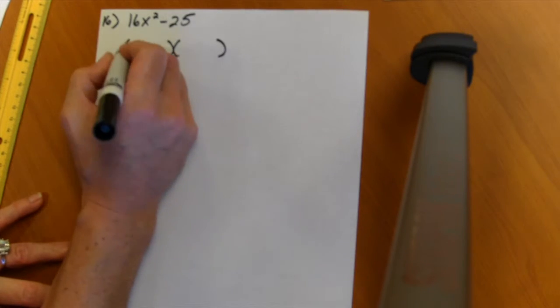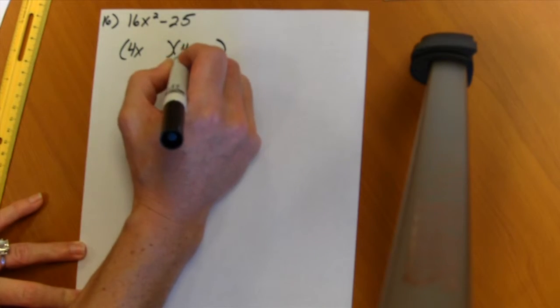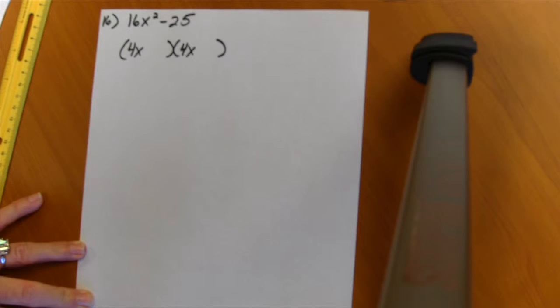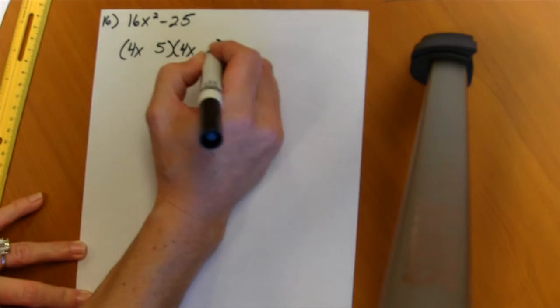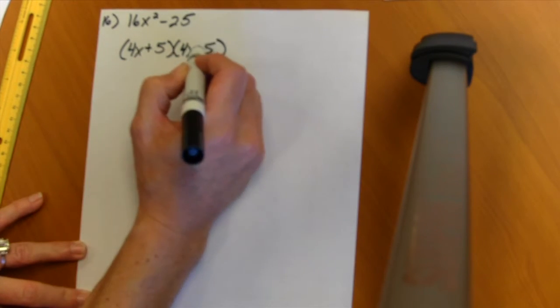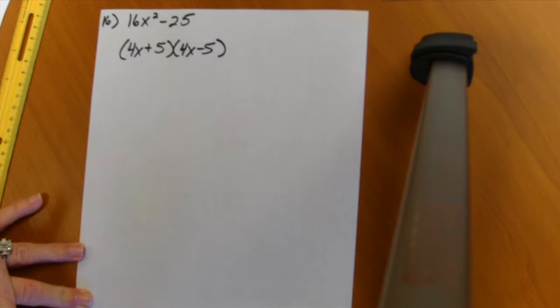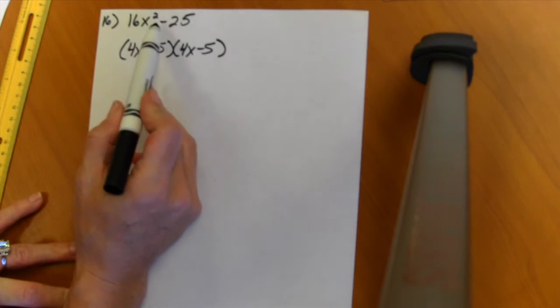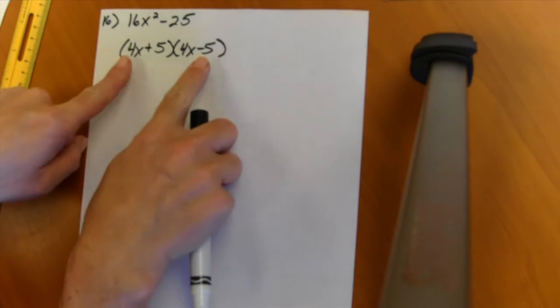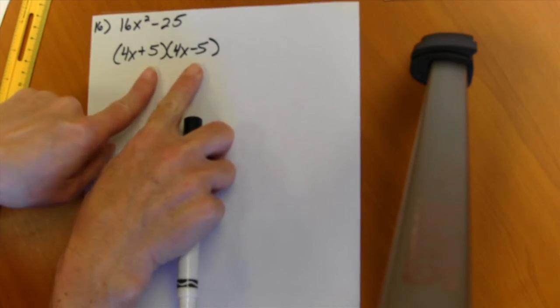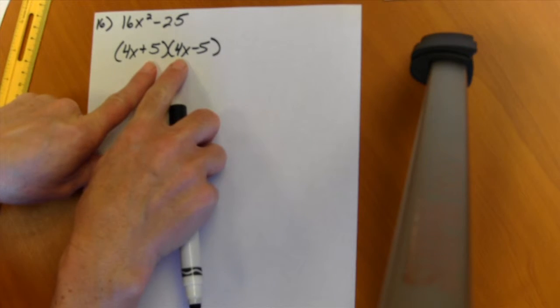The square root of 16x squared is 4x. The square root of 25 is 5. Stick one with a plus and one with a minus. Now, how do you know if you're right? Go back and FOIL. Check and see if you are foiling it correctly, and then you know if you're right or not. And then you will see why there's no bx, because the outer is negative 20, inner is positive 20, making 0 x's.